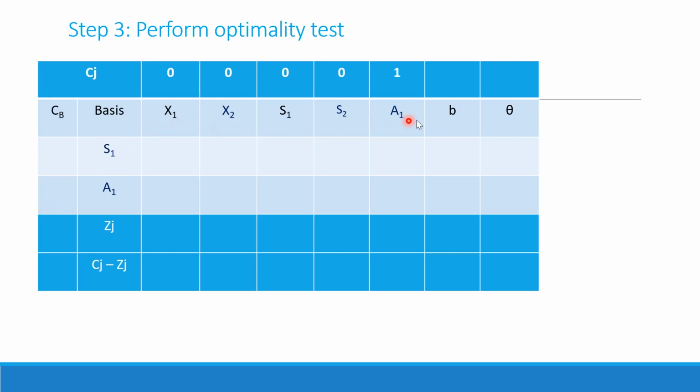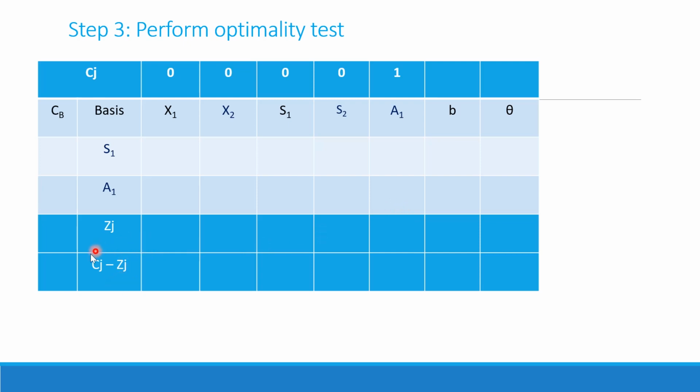We have all the variables present here, b here, theta here, as well as all the basic variables here, that means basis. So the respective values of s1 and a1 will be put here, the respective coefficients of s1 and a1 will be put here, the respective coefficients of x1, x2, s1, s2, a1 for constraint number 1 will be put here, for constraint number 2 will be put here, then zj will be computed and cj minus zj will be computed.